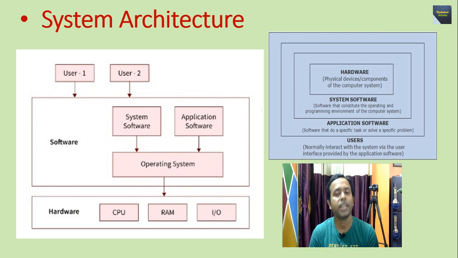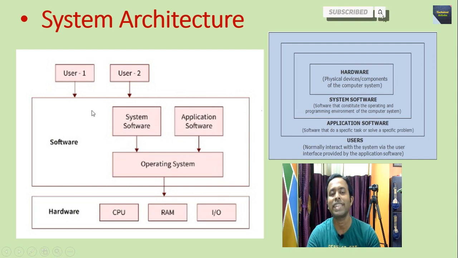Now we talk about some system architecture. Here this diagram is given, this is the software, within which we are talking about the operating system, the environment, and within the operating system there are also the system software and the application software, right?